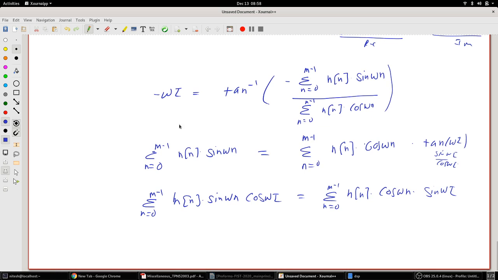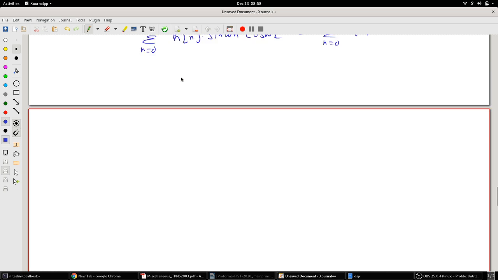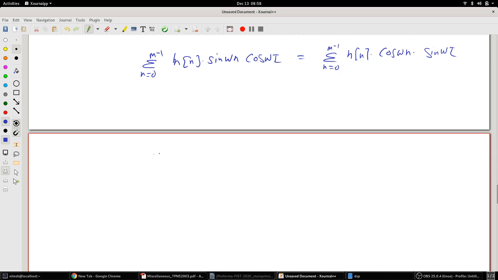So further expanding, what I will get here is summation n equal to 0 to m minus 1 h of n into sin omega n cos omega tau minus cos omega n sin omega tau equal to 0.